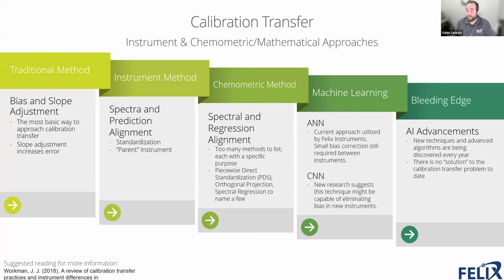That's the theory behind what we're doing: these neural networks are much more capable of adjusting for these calibration transfer effects than any of the previous methods, because the chemometric methods all require a lot of human input, resources, and research to determine which one is going to be the best fit.